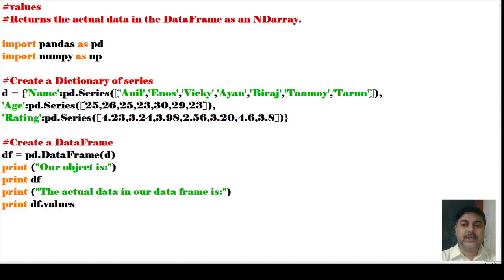Now see this particular program that I have given for today. It is going to return the data frame as an n-dimensional array, an ndarray. So let's see how I have constructed this particular thing. At first, I have imported pandas as pd.